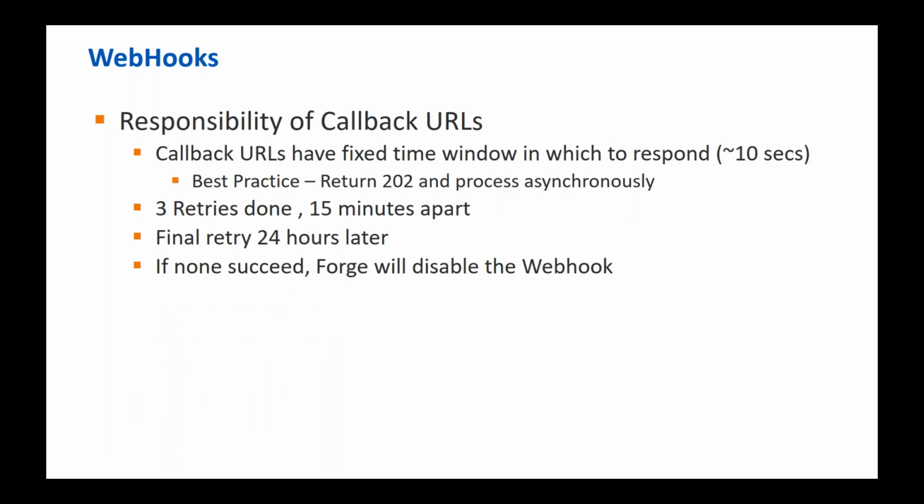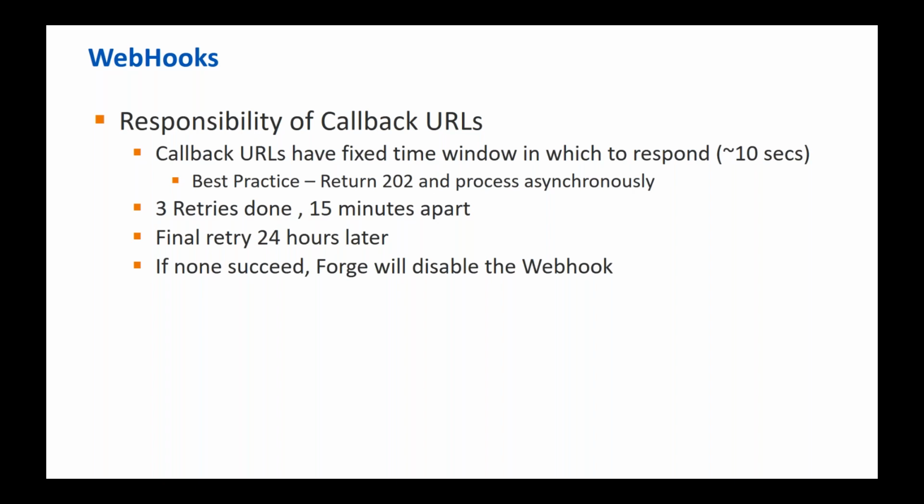On your end, once you have subscribed to a webhook, Forge will start calling you. So on your end, you need to implement this endpoint so that it's not returning an error to Forge. And you have a fixed time to respond to the callback.